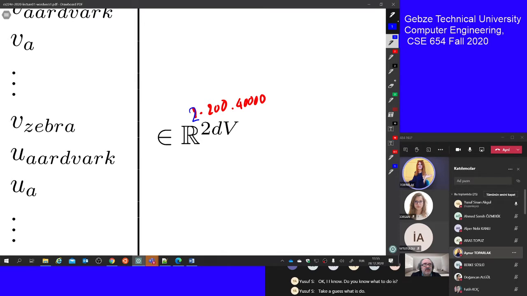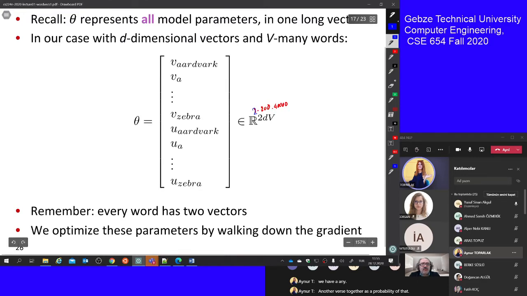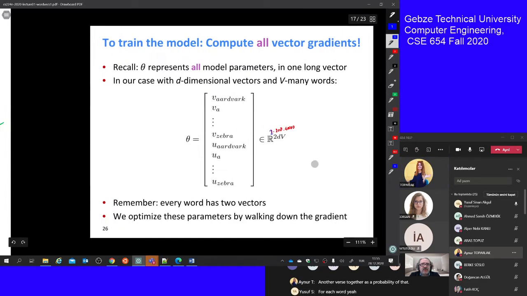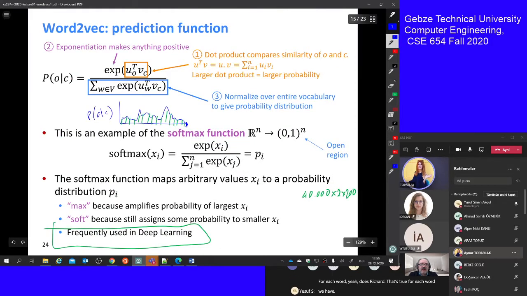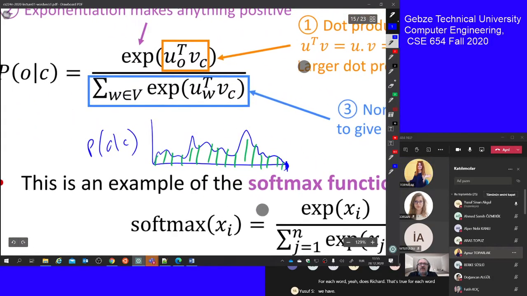For each word, yeah, that's true. For each word we have 2 vectors.